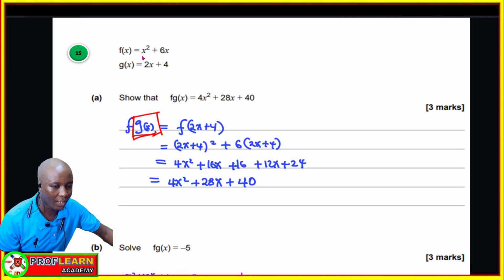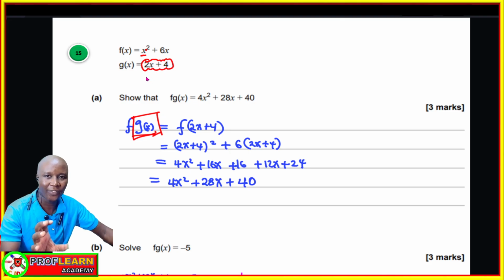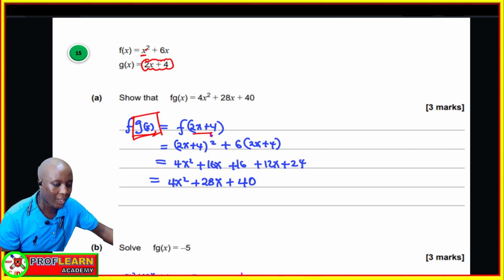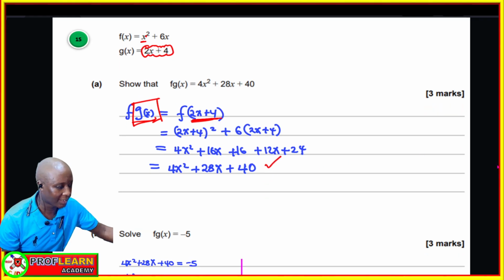So f, we have x squared, so you are going to take 2x plus 4, square it, plus 6 into bracket 2x plus 4. So anywhere you have x in the function f, you are going to substitute what g is, and g is 2x plus 4. Then if you simplify, you are going to get your answer like that.